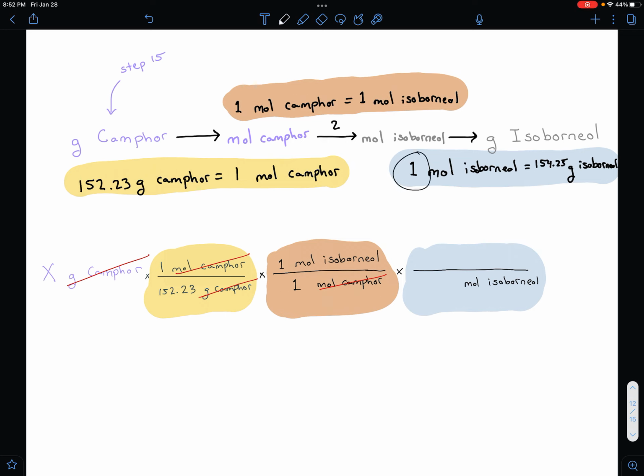Next to moles of isoborneol, we'll go 1. Going over the fraction is like going across the equal sign. So on top, we'll have 154.25 grams of isoborneol. Moles of isoborneol cancel. We're left with grams of isoborneol. That's what we wanted. That's our theoretical yield.